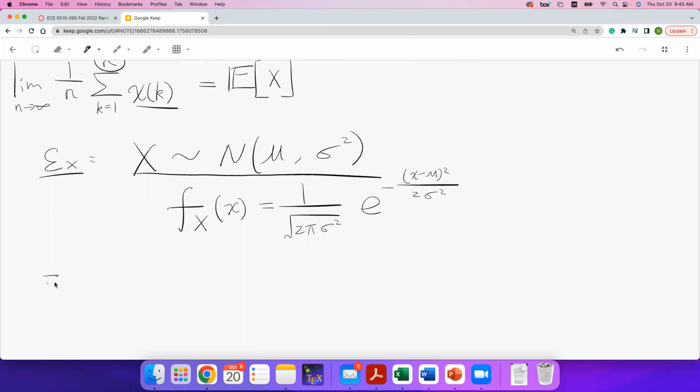This is a continuous random variable, so we calculate the mean by integrating x times f(x) dx.